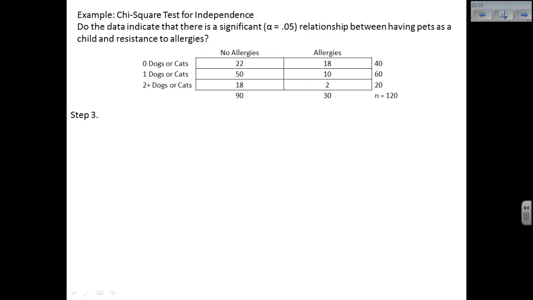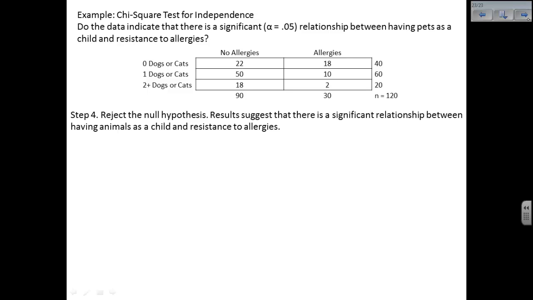So we're pretty confident that we can reject the null hypothesis and say that results suggest there's a significant relationship between having animals as a child and resistance to allergies. You could also say that having animals as a child and having allergies are dependent. Or you could say that the distribution of having allergies depends on the distribution of having pets.